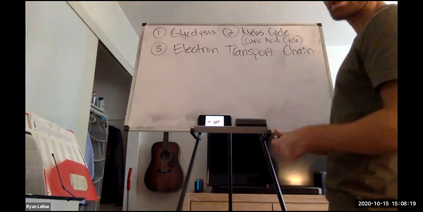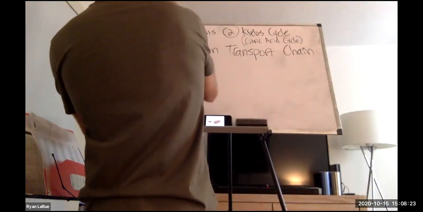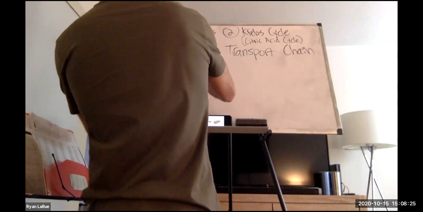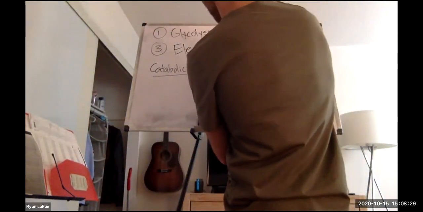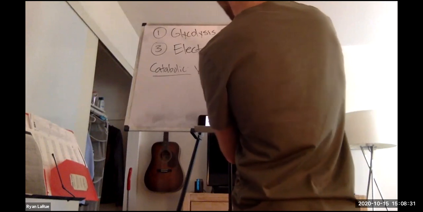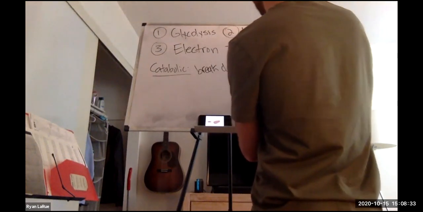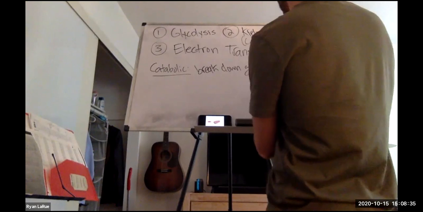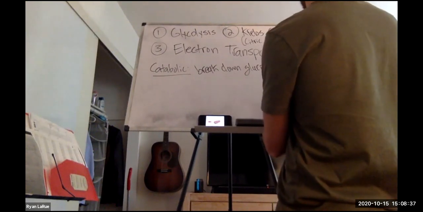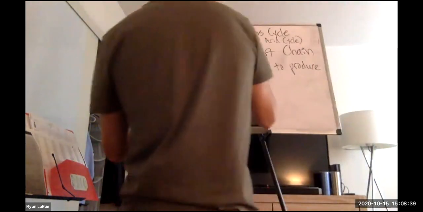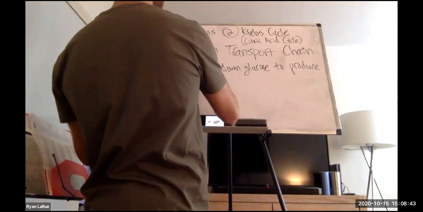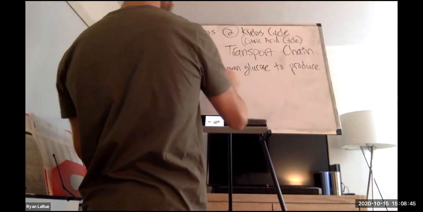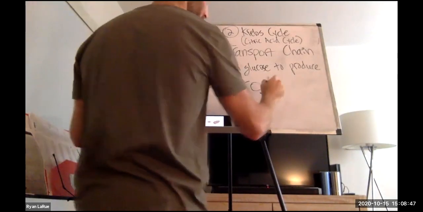Okay, and then again, I'm just gonna write this so you have it in your notes. This is gonna be a catabolic process where we're breaking down glucose to produce water and carbon dioxide. So H2O and CO2.